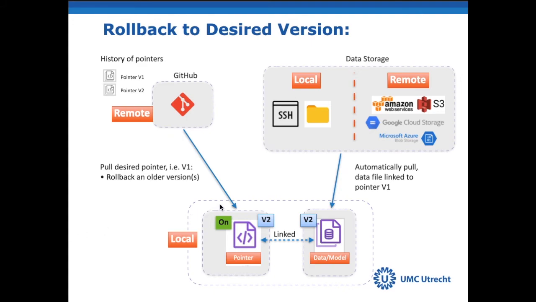So what we did, we had a version 1. We sent the pointer to GitHub. Here we see the pointer, for example, version 1. This is turned off. The only one that's working is basically the pointer that you have on your local machine, because based on that pointer, you're always pulling the data from the data store.